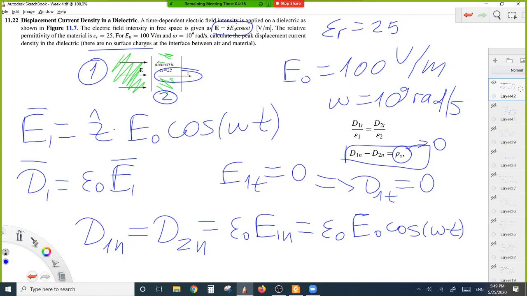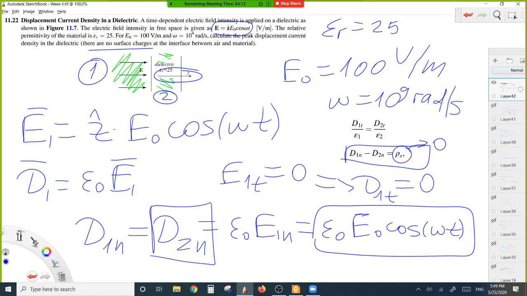This is the normal component of the electric flux density in the second medium, or in the material. Now we are interested in the tangential component, D2 tangential. We don't know yet about the tangential component.